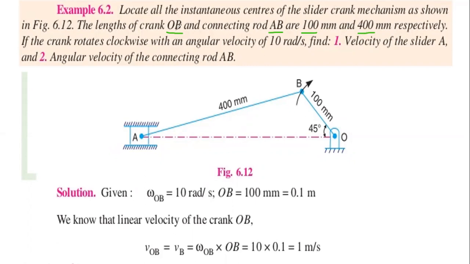They have given OB and AB. Here O is the fixed link, and from there they have given the crank length. So take a normal line and fix the first point as O, and then take 100 mm as length in the compass.